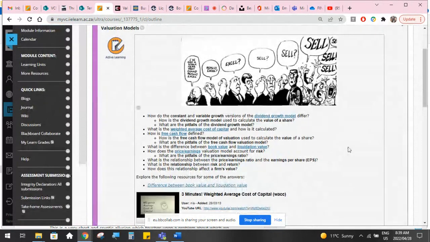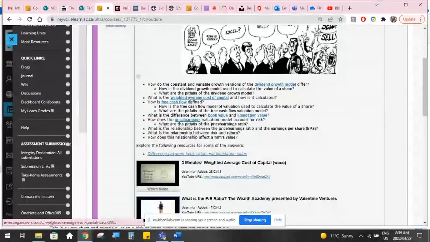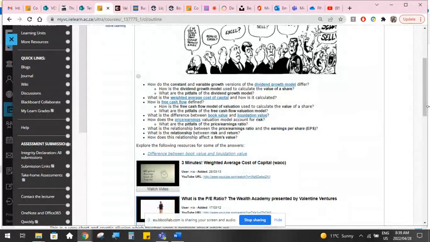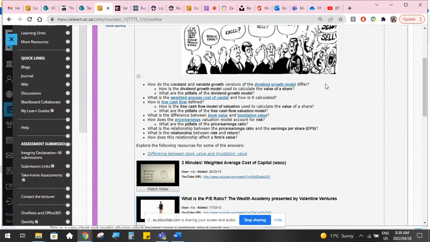If you go to this first page, you'll see there are all of these little blue highlighted amounts. You can click on all of those and it will take you through to a screen where there's a discussion and another explanation. There's some videos on some of those pages, and that will help you to revise and to get an understanding of all of these different concepts that we are doing.